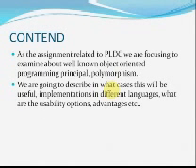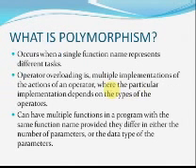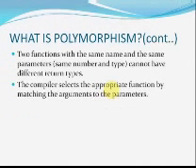As the PLDC assignment, we are focusing on a well-known object-oriented principle called polymorphism. Polymorphism occurs when a single function is represented in different tasks. Two functions with the same name and the same parameters cannot have different return types.